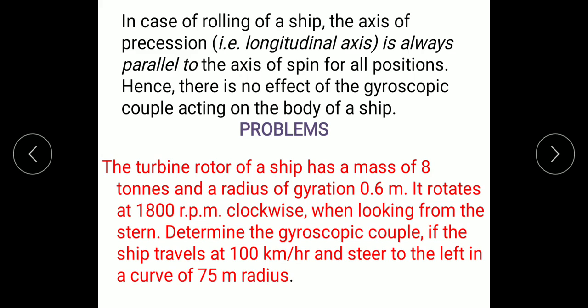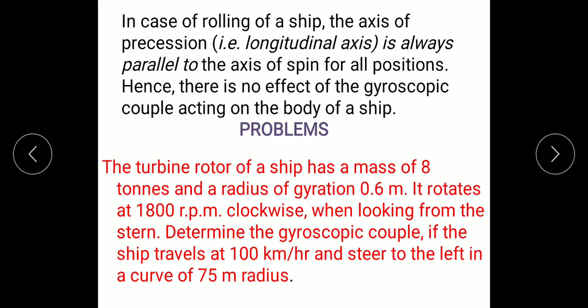First we have to note down the given data. For doing any problem, first we have to see what data is given in the problem and what terms we have to find out. For example, here we have to determine the gyroscopic couple. So what is the formula of gyroscopic couple in ships?